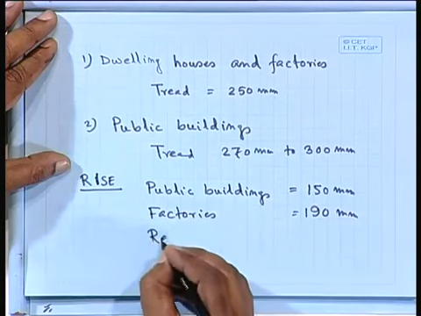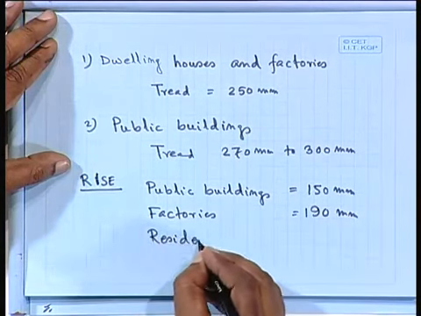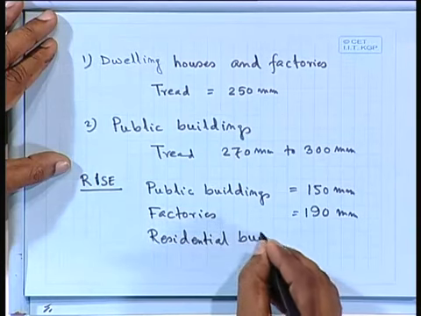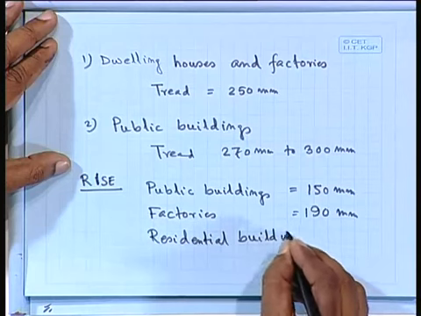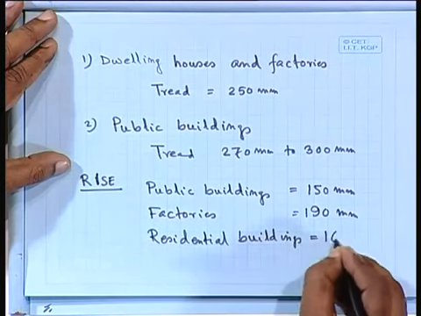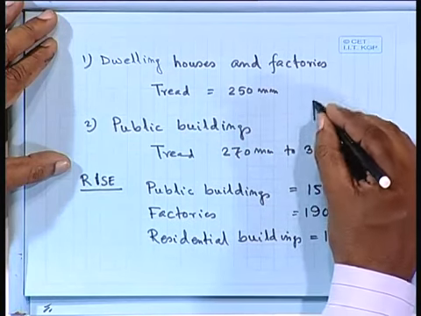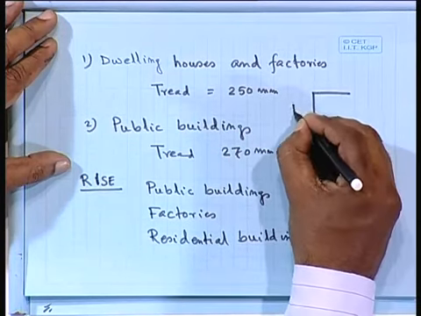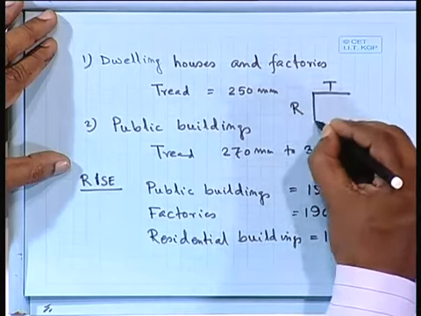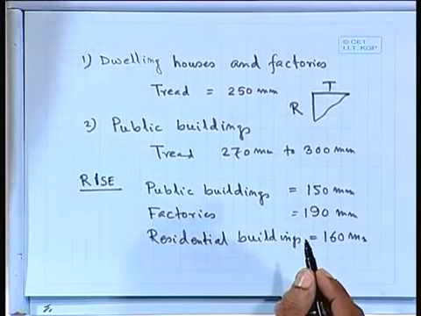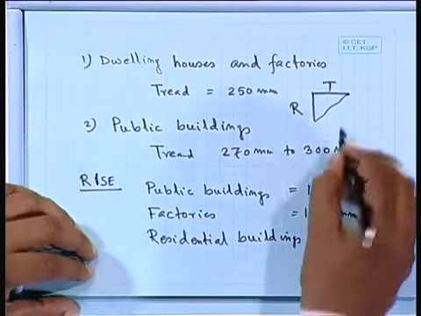For residential buildings, say 160 millimeter. So this is your rise and this is your tread, or we can say this one is the going.